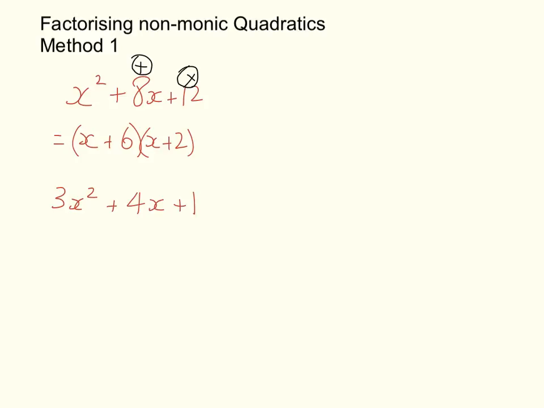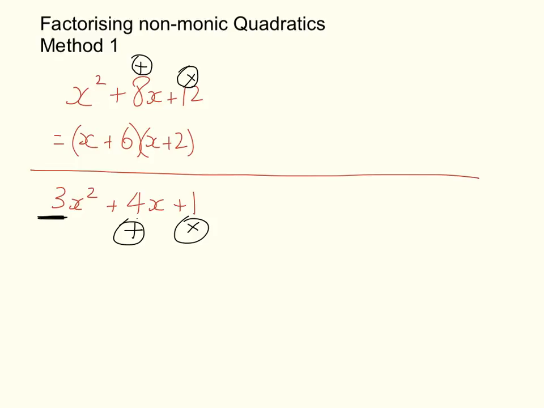Now, we have a little issue because previously we were looking for numbers that add to give this middle term and multiply to give this end term. But in this case, we don't have any numbers that multiply to give 1 that add to give 4. The only integers that multiply to give 1 are 1 and 1, which certainly doesn't add to 4. But that's because we've got this 3 at the front.